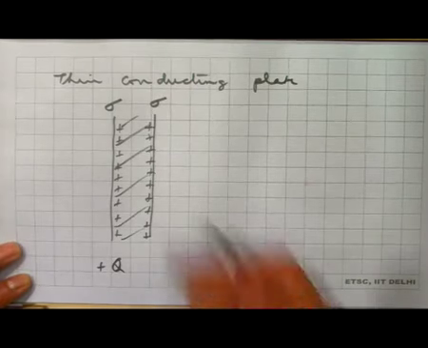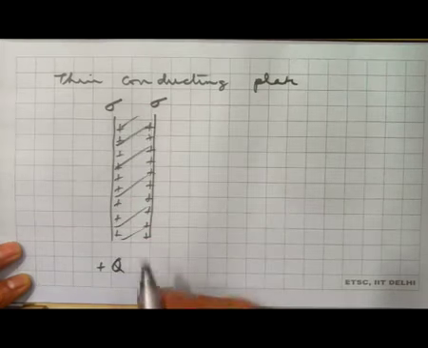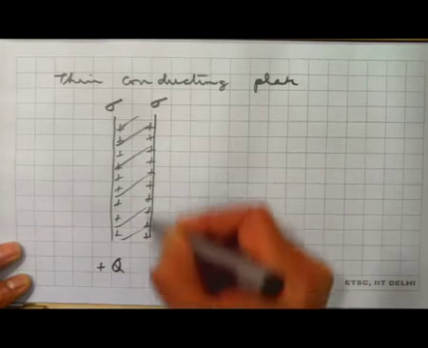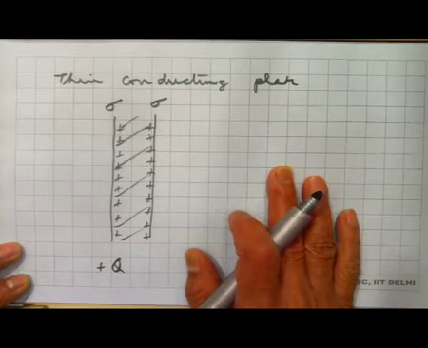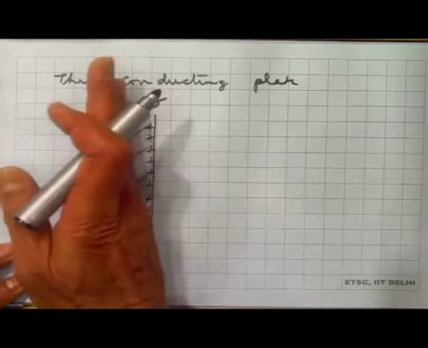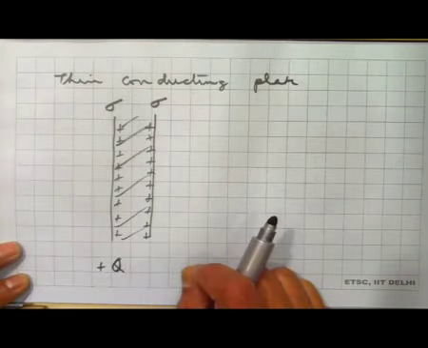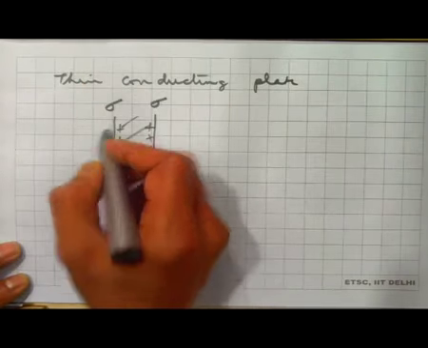Now, this surface charge density produces an electric field, and this one produces an electric field, and what you observe is the sum of the electric fields produced by the two surface charge densities. Let me look at the surface charge density on the left.